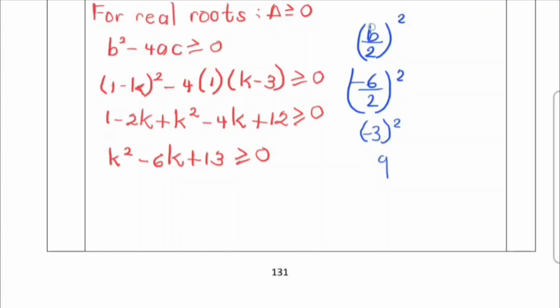So here's what we would have if we complete the square. We would say (b over 2) all squared, minus (6 over 2) all squared when we substitute. Simplifying, inside the bracket we get negative 3, and once we complete the square we have a positive 9.